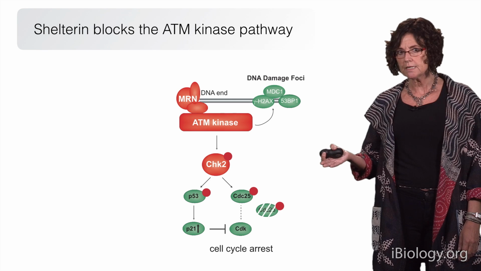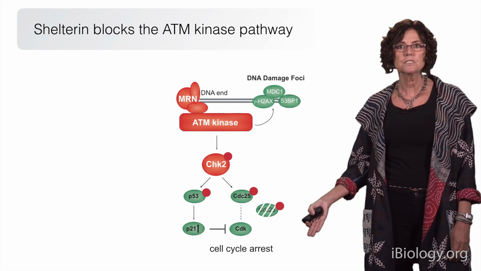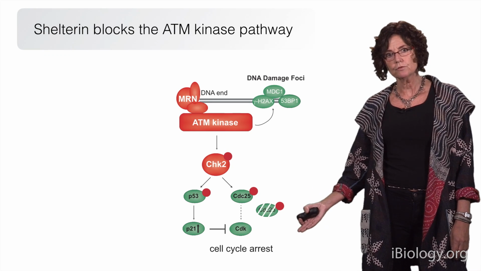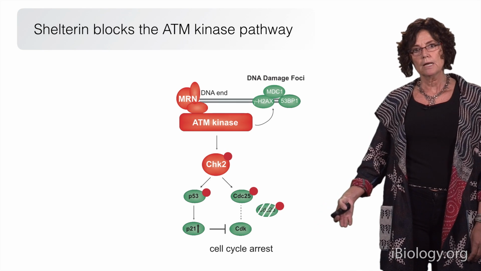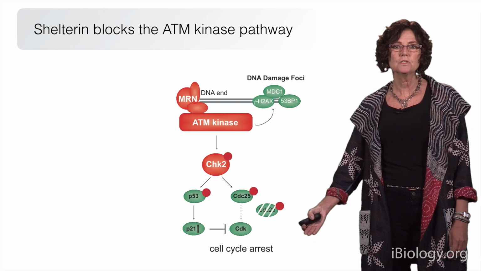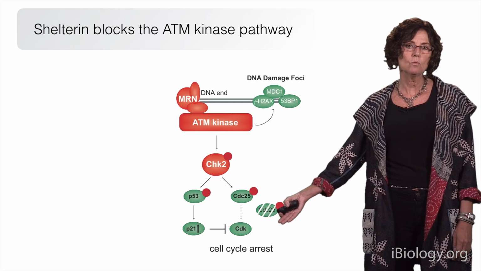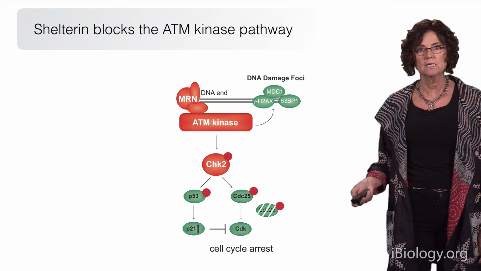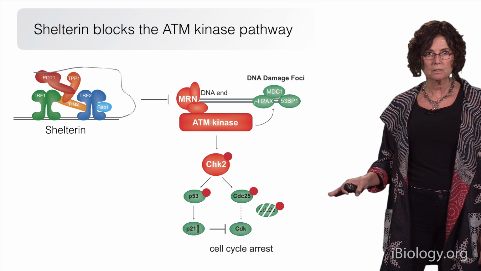So the ATM kinase also, when it becomes active, can enforce cell cycle arrest. It does so through phosphorylation and activation of CHEK2, which then activates p53 and inactivates CDC25 phosphatase, making it impossible for cells to transit from G1 into S phase when DNA replication occurs. So Shelterin blocks this pathway.